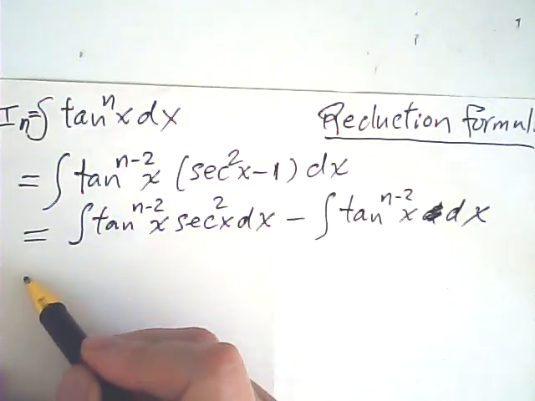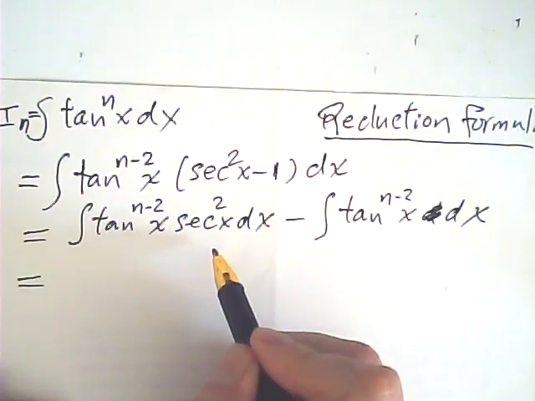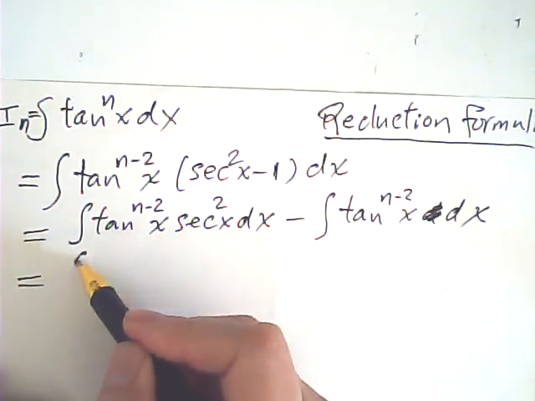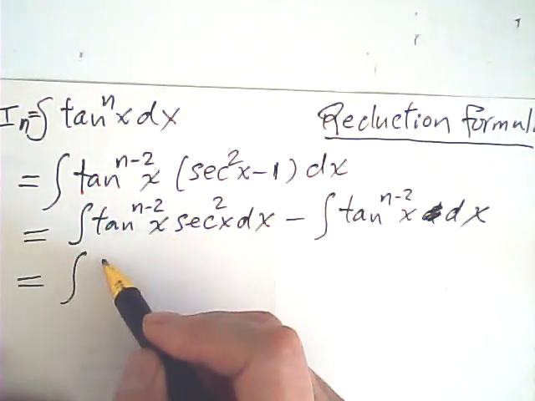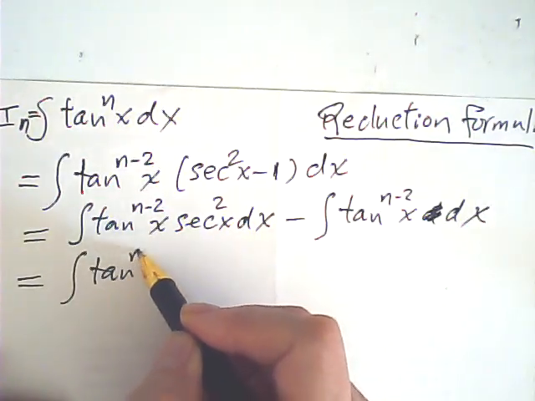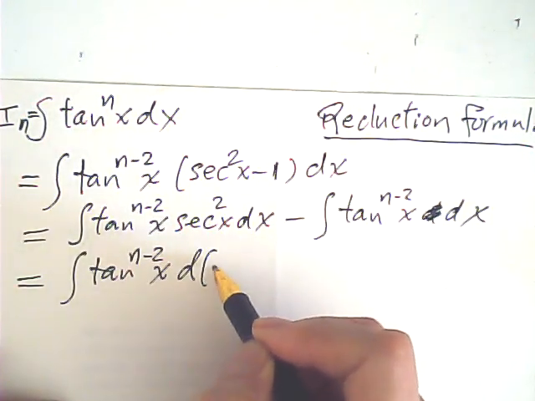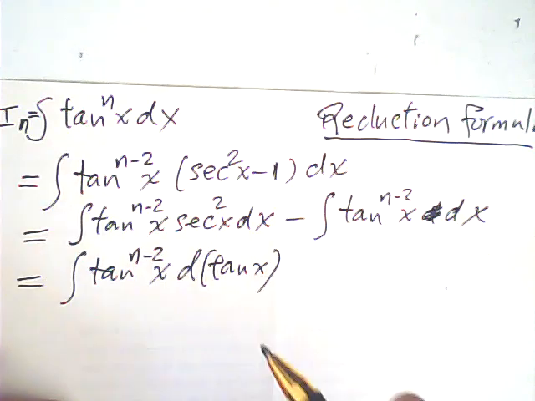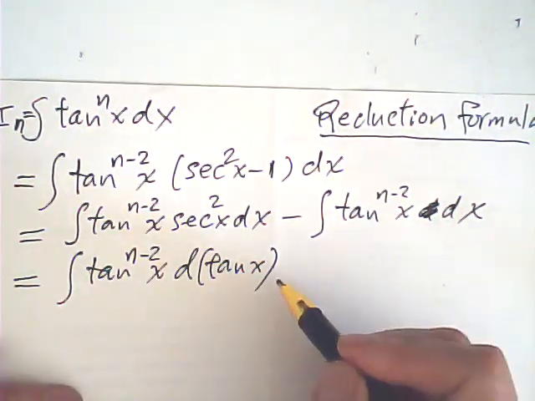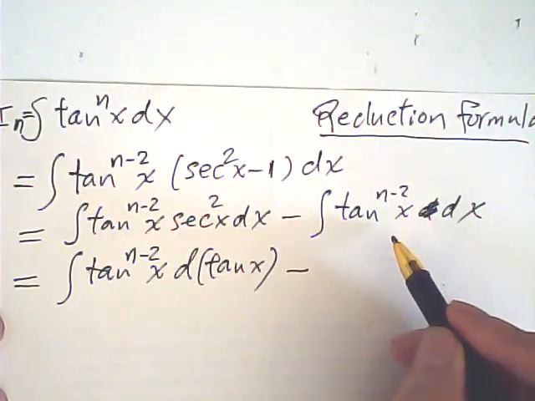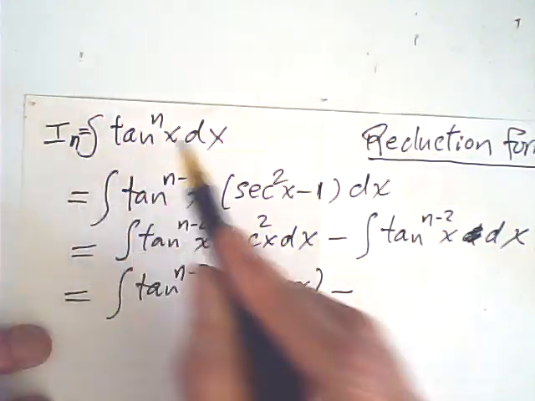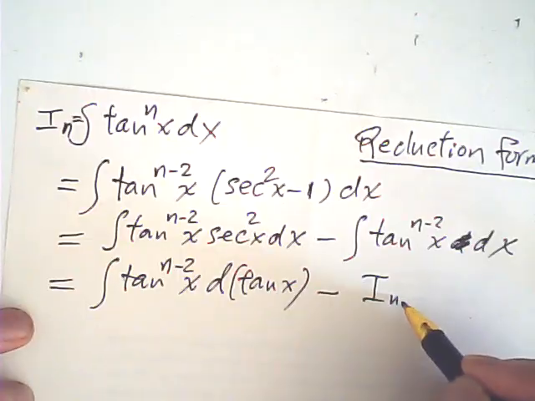Okay, this one is equal to tangent n minus 2 x, this is d tangent x, right? This one is In, this would be I sub n minus 2.